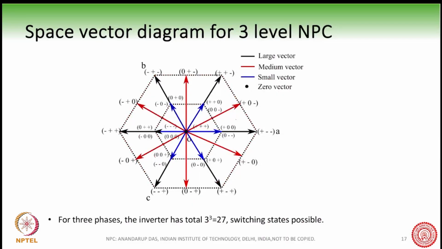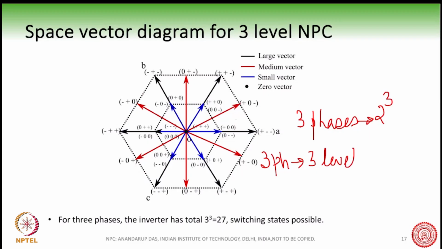Now, remember, in a two-level converter, we have 3 phases and 2 levels of the output voltages at the pole, so the total number of switching states was 2 to the power 3, right?